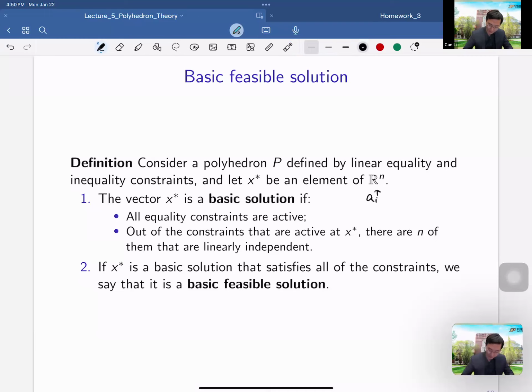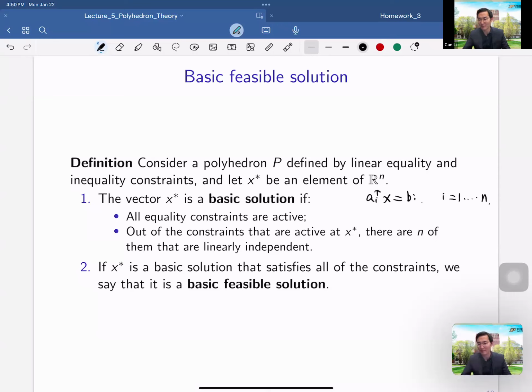If you have constraints a_i transpose x equal to b_i, and there are n of them, let's say we pick n of them without loss of generality, just assume it's the first n of those constraints, right? And then if we have n linearly independent linear equality constraints, there can only be a unique solution to this linear system, right?